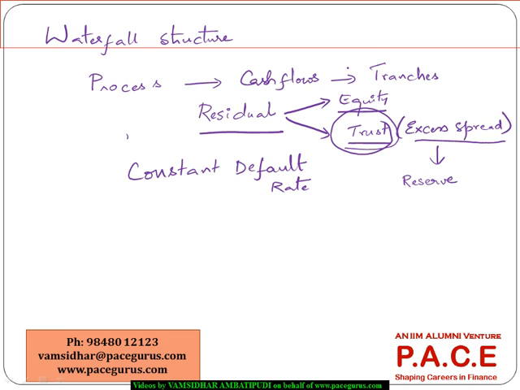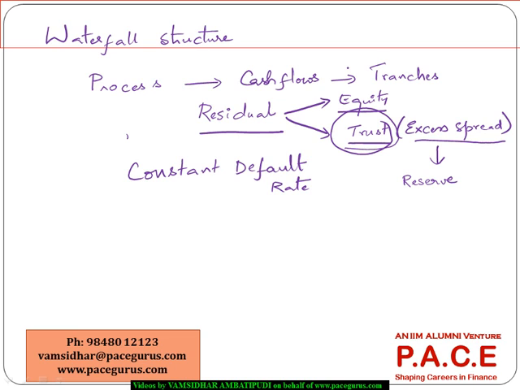Now, if the defaults in reality are much lesser than what has been estimated by this constant default rate, then obviously the proceeds are much higher, and probably the equity tranche can get quite a good benefit out of the same.